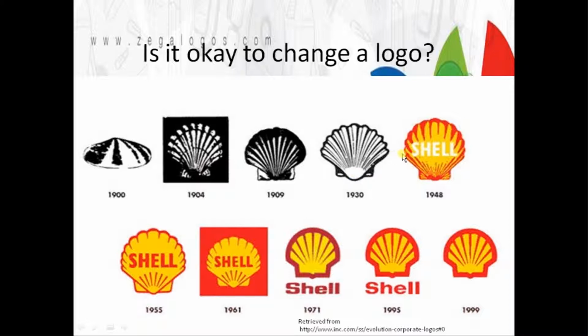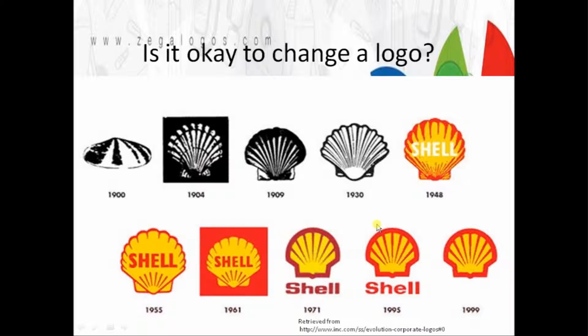And then they introduce color and text to their logo, which says Shell. And then they change that a little bit, make it simpler with less texture, and they change the color of their text. Then they introduce a red background, and so forth.